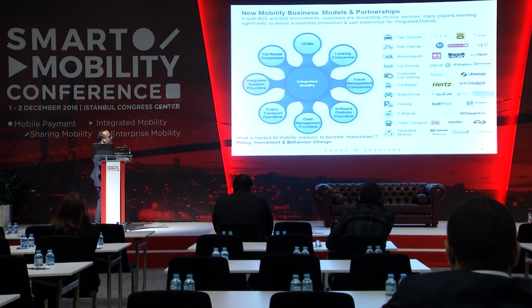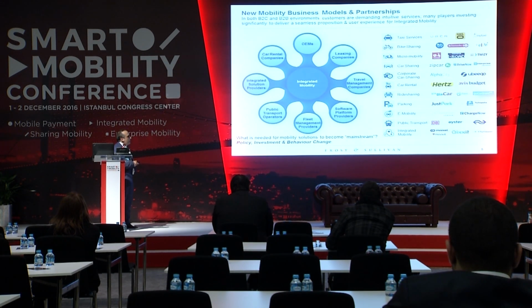On the right side, you are seeing some key companies in the sharing economy. For taxi services, Uber is the largest one, along with Hailo and MyTaxi. We also have a very good example of taxi services, BiTaksi in Turkey. I'm sure most of you are already using it.